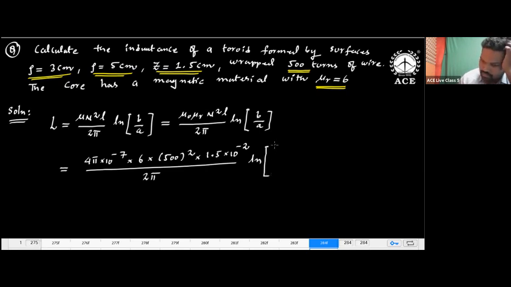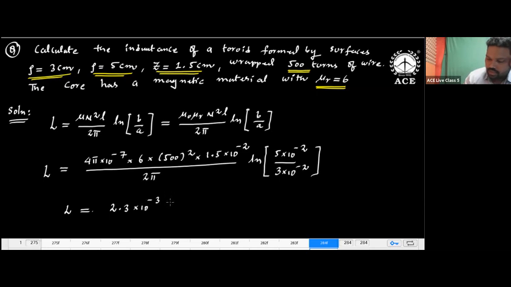It is 5 into 10 to the power of minus 2 divided by 3 into 10 to the power of minus 2. So how much is that inductance? Check out this value. It is 2.3 into 10 to the power of minus 3 Henry, or 2.3 millihenry.